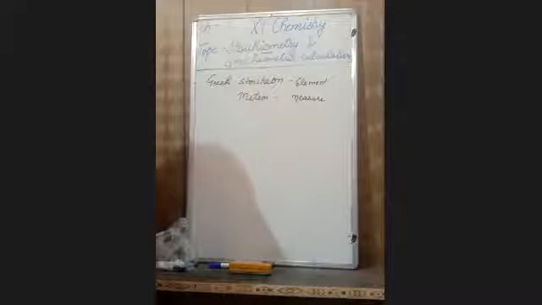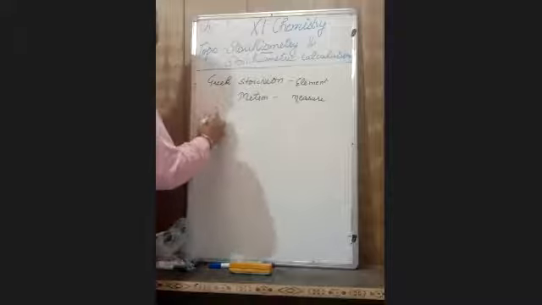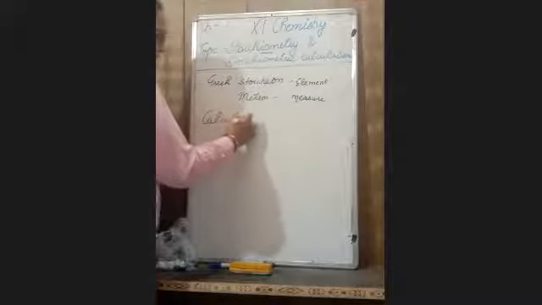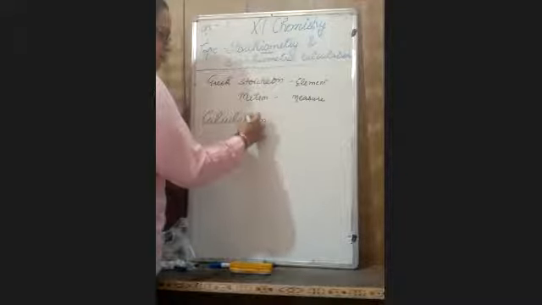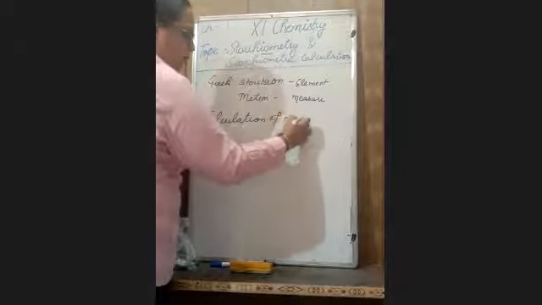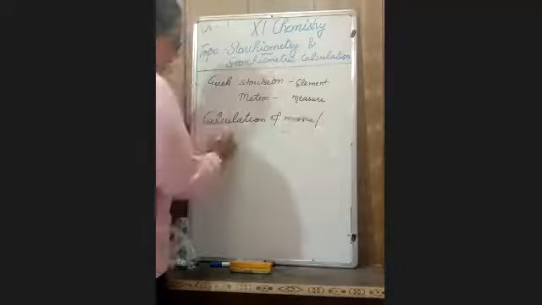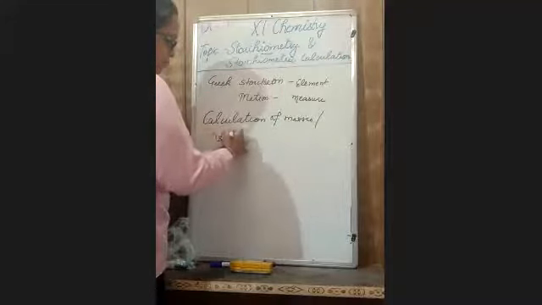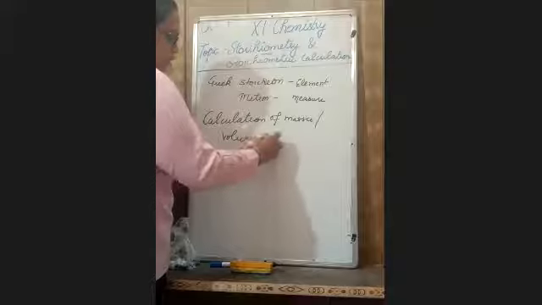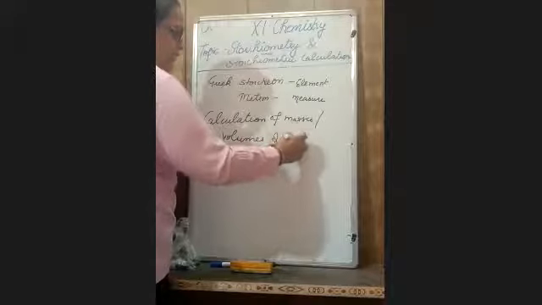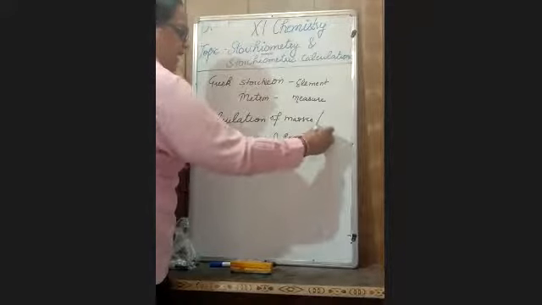Stoichiometry is that branch which deals with the calculation of masses or sometimes volumes of reactant and product.